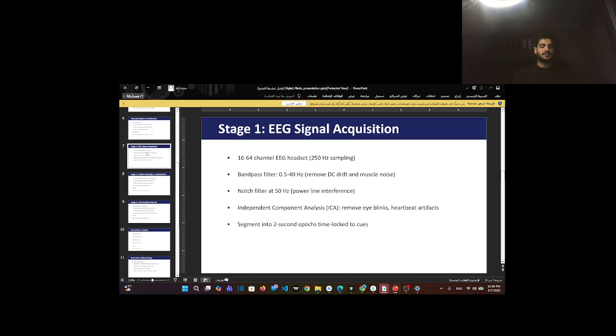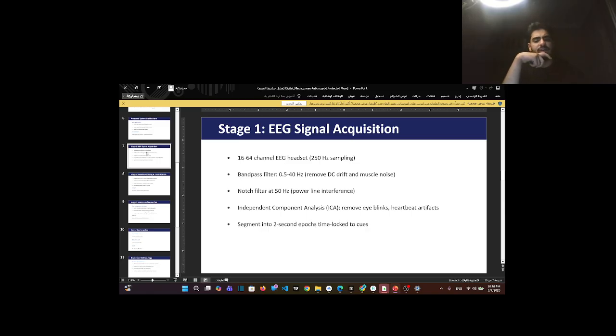A bandpass filter from 0.5 to 40 hertz is used to remove unwanted frequencies such as slow drift and muscle noise. A notch filter at 50 hertz is used to remove power line interference. Then independent component analysis, or ICA, can be used to remove artifacts such as eye blinks, heartbeat signals, and other noise sources.